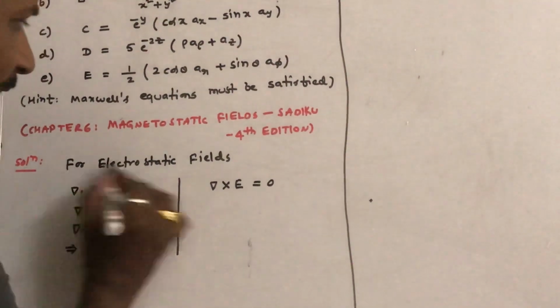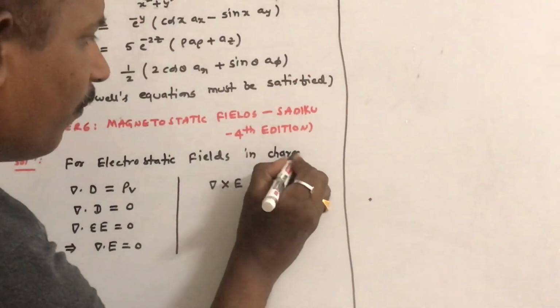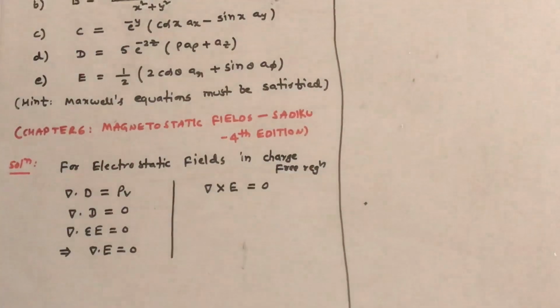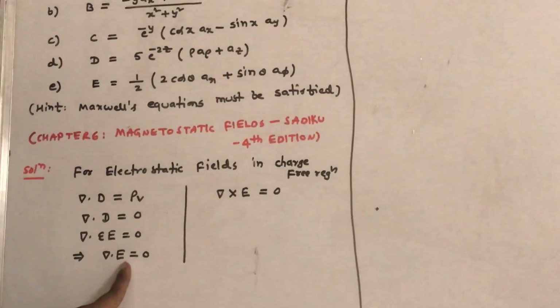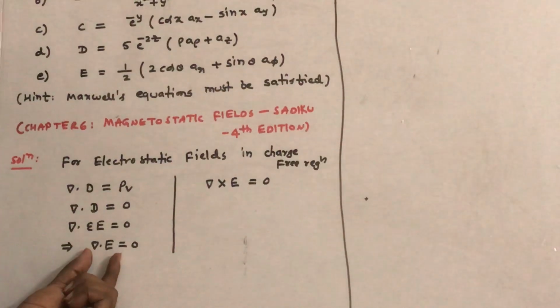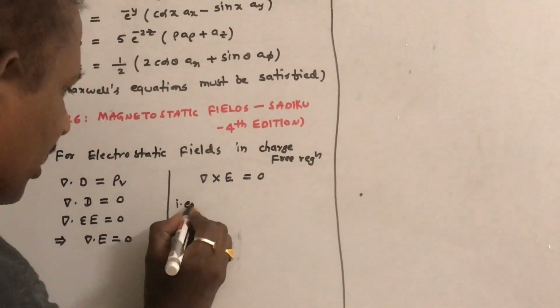So for an electrostatic field in charge-free region, what are the Maxwell's equations? Del dot E is equal to 0, del cross E is equal to 0, that means the divergence of the field and the curl of the field are 0. That is a very important statement.